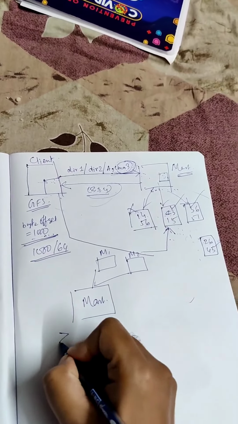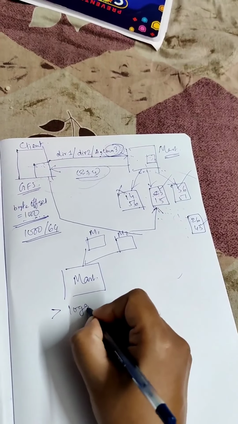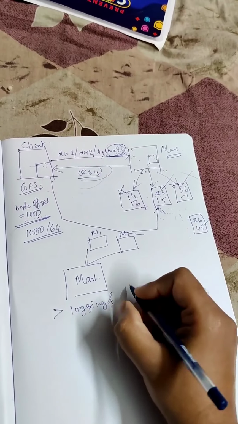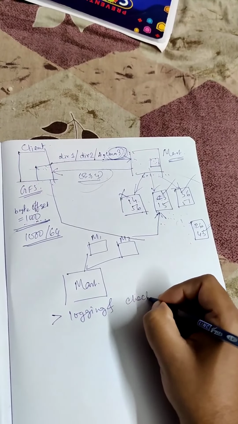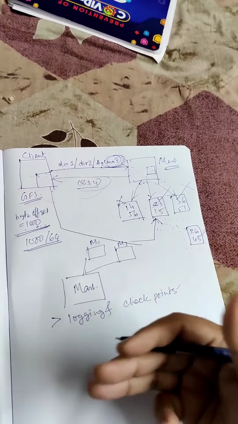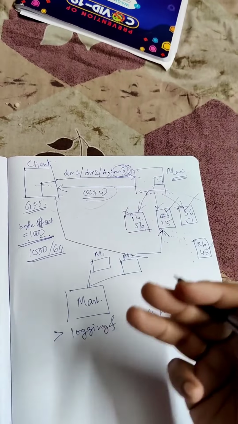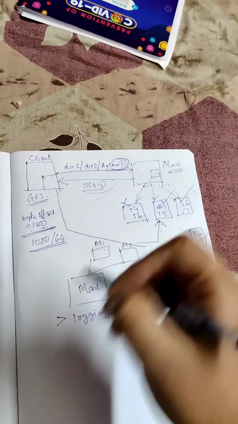What the master does, the first approach could be like this: the master makes some logging and some checkpoints, like what is the current status of any update or action taken on top of the master. That is getting logged into M1 and M2.